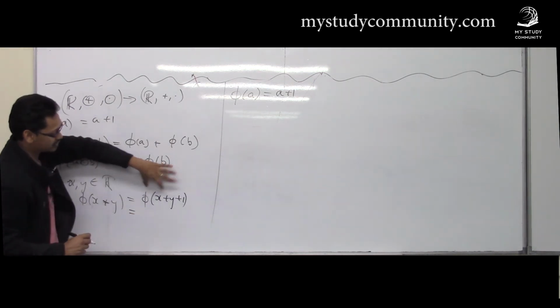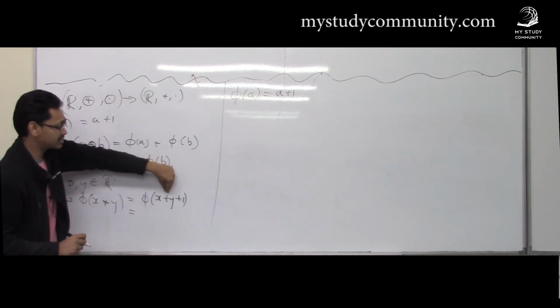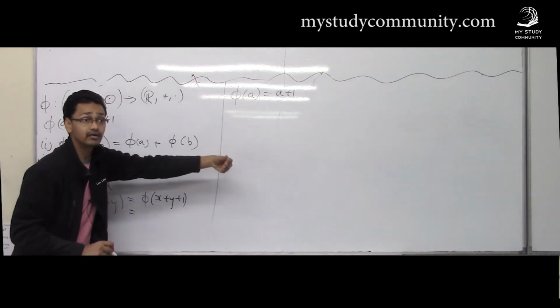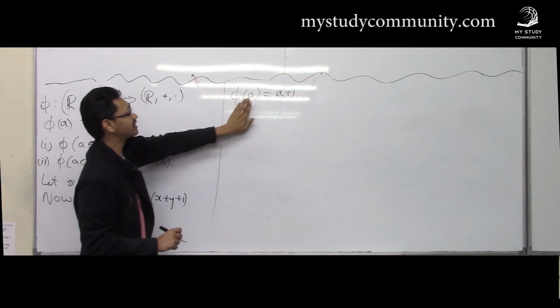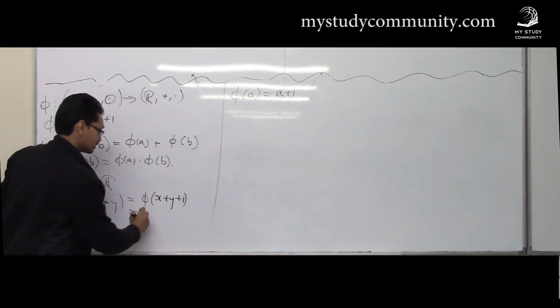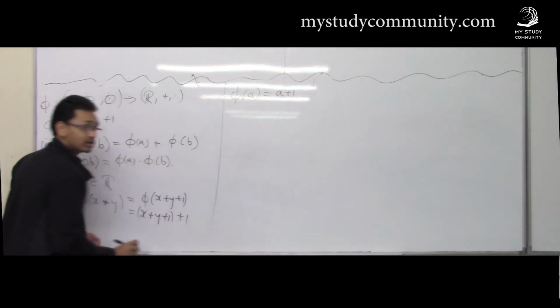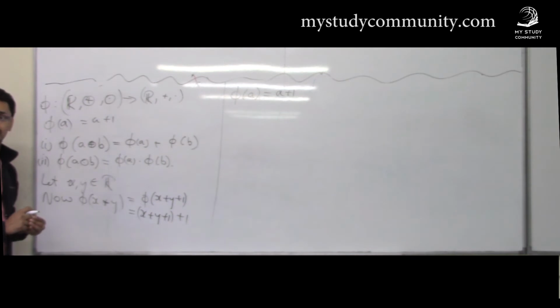And phi of this is what? x plus 1 plus 1 plus 1, right? Remember, this is how we define it. Phi of anything is the anything plus 1. So in this case, phi of this is this, and we just plus 1.